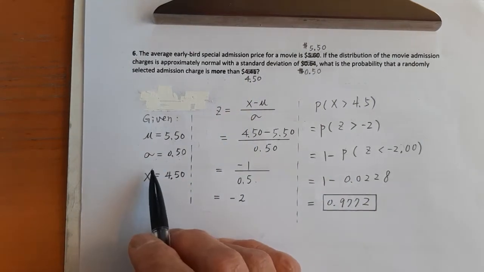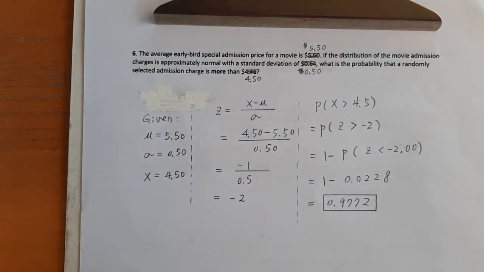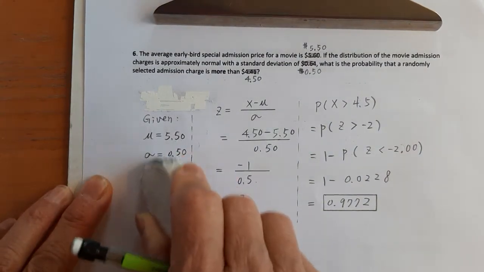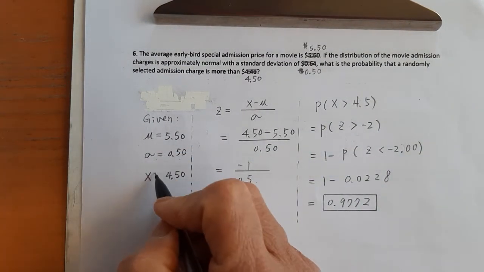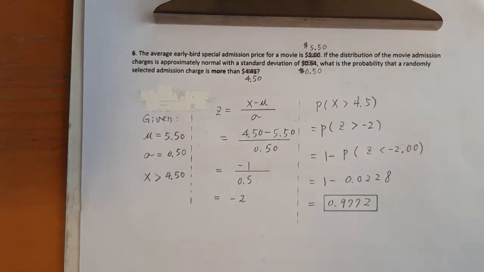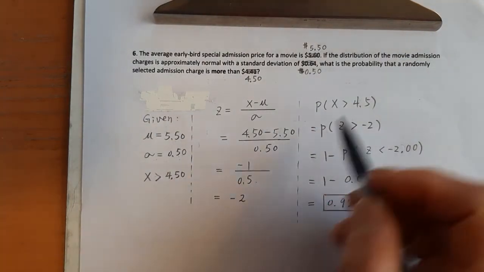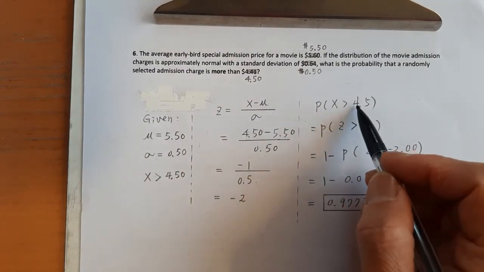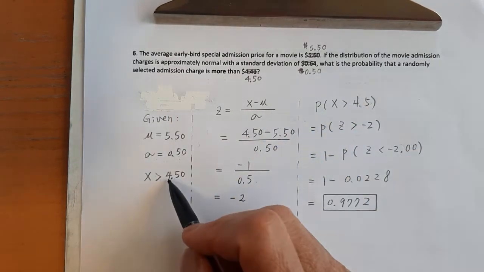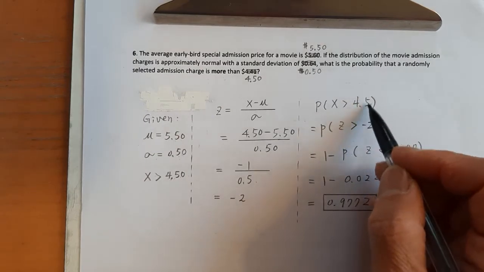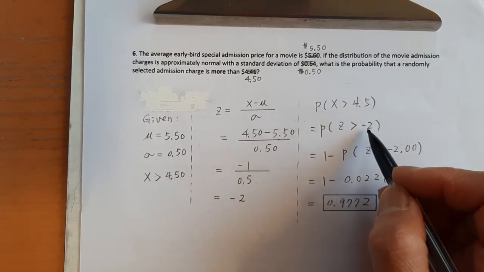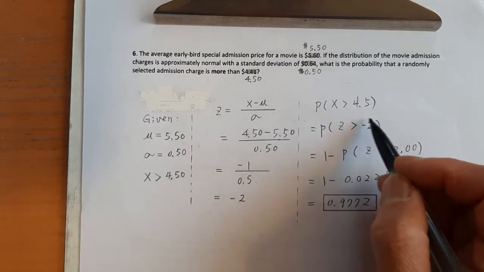So we're looking for X greater than $4.50. First of all, we have to find the probability of X greater than 4.50. We have to transfer 4.5 to the corresponding Z-score.